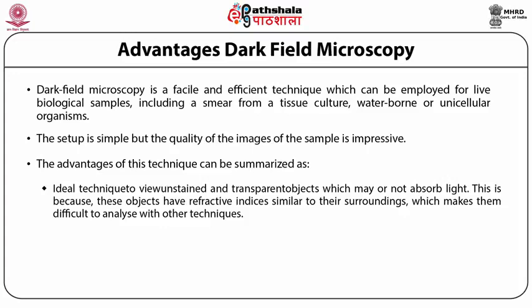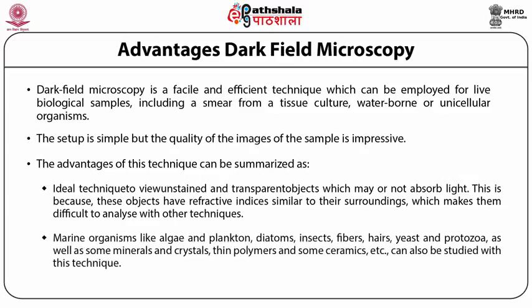This is because these objects have refractive indices similar to their surroundings, which makes them difficult to analyze with other techniques. Second, marine organisms like algae and plankton, diatoms, insects, fibers, hairs, yeast, and protozoa, as well as some minerals and crystals, thin polymers, and some ceramics, etc., can also be studied with this technique.